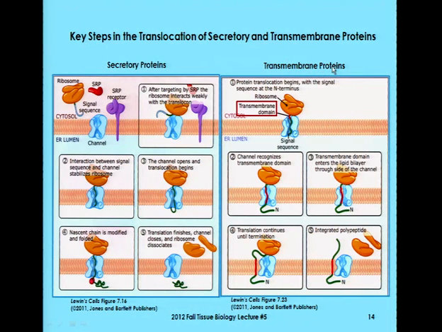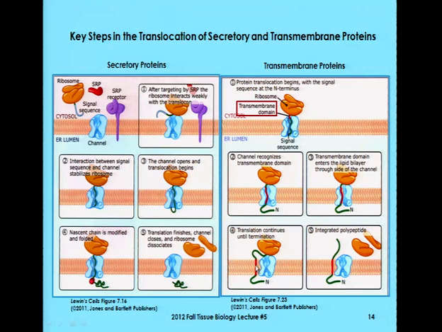For transmembrane proteins, the process is actually very similar, but transmembrane proteins have a special domain, a transmembrane domain, that is recognized by the channel in the ER membrane. And the channel recognizes that transmembrane domain and undergoes a conformational change and opens up, allowing the transmembrane portion or domain to move into the bilayer of the membrane.